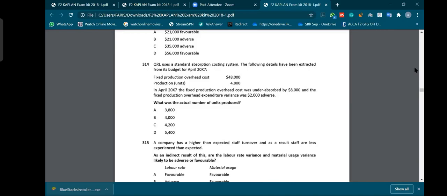And then it says that in April, the fixed production overhead cost was under absorbed by 8,000, and the fixed production overhead expenditure variance was $2,000 adverse.